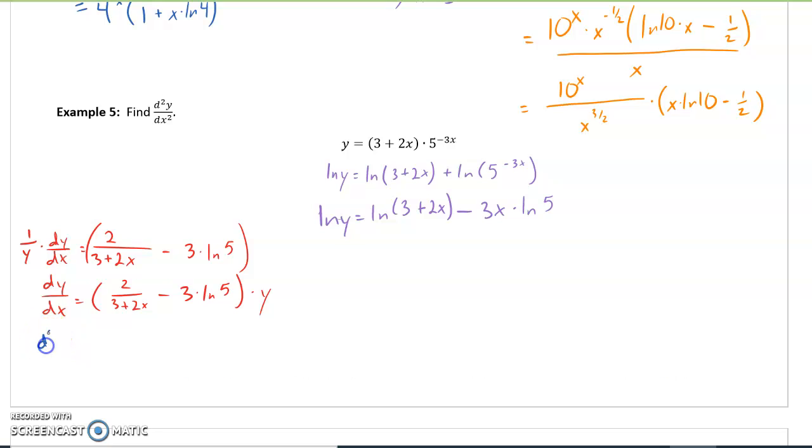So if I take the derivative of the derivative in this form, this is a product rule, right? We've got a variable expression times another variable expression. So we'll go ahead and do that. You could do a quotient rule on that, but let's not. Let's think about this as 2 times 3 plus 2x raised to the negative 1. So that'll be negative out front because of the negative 1 for the exponent.